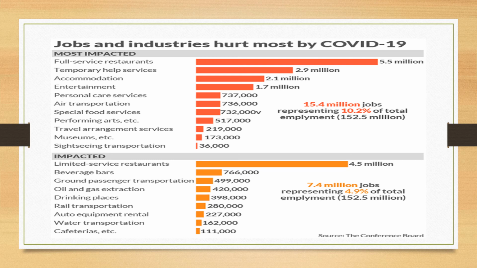From this information, we can say the unemployment level in India is increasing because of COVID-19. So, in this way, we can explain the relation between microeconomics and macroeconomics and how they are interrelated.